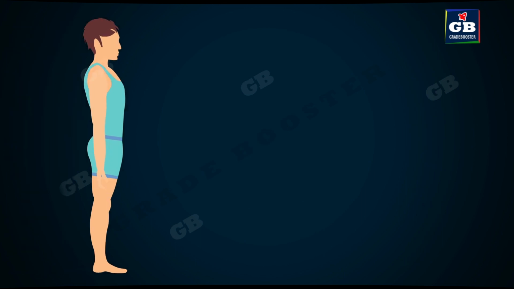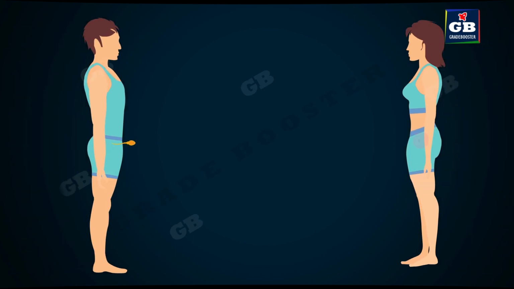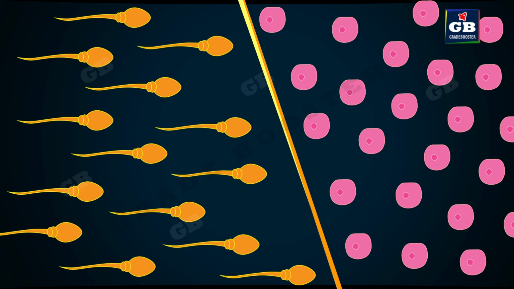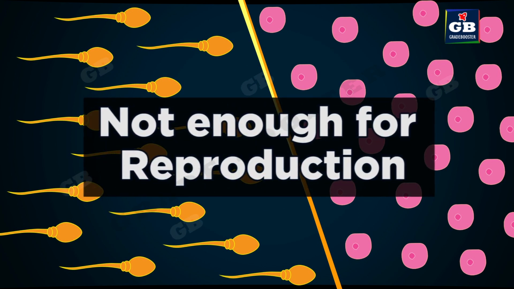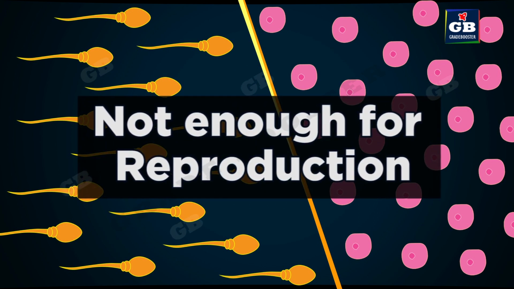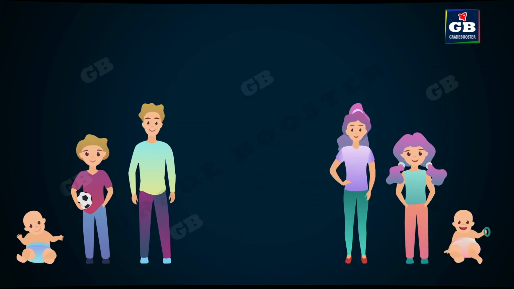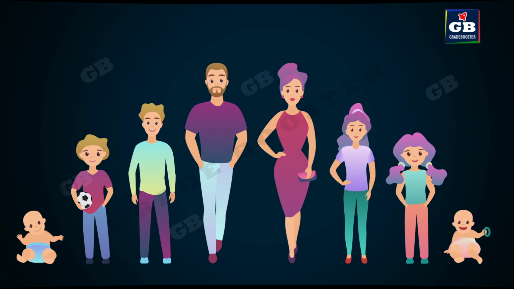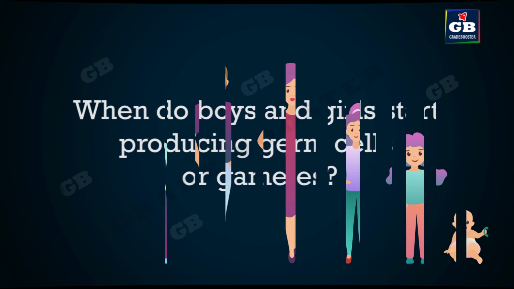So, the male and females should be able to produce reproductive cells or germ cells for the process of reproduction. But just the production of male and female cells is not enough to complete the process of reproduction. Some bodily changes should happen in the bodies of males and females. These changes facilitate the process of reproduction.